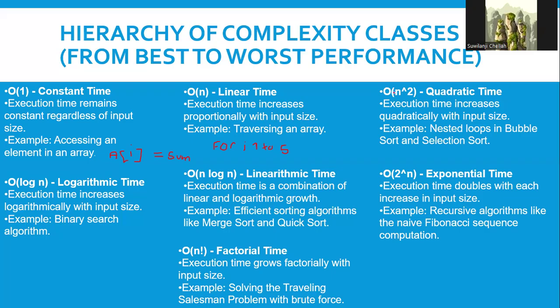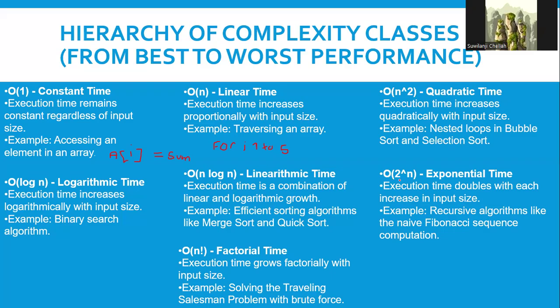Then there's big O of n squared, which is quadratic time, where execution time increases quadratically with input size. Examples are nested loops in bubble sort and selection sort. Then exponential time, meaning execution time doubles with each increase in input size.